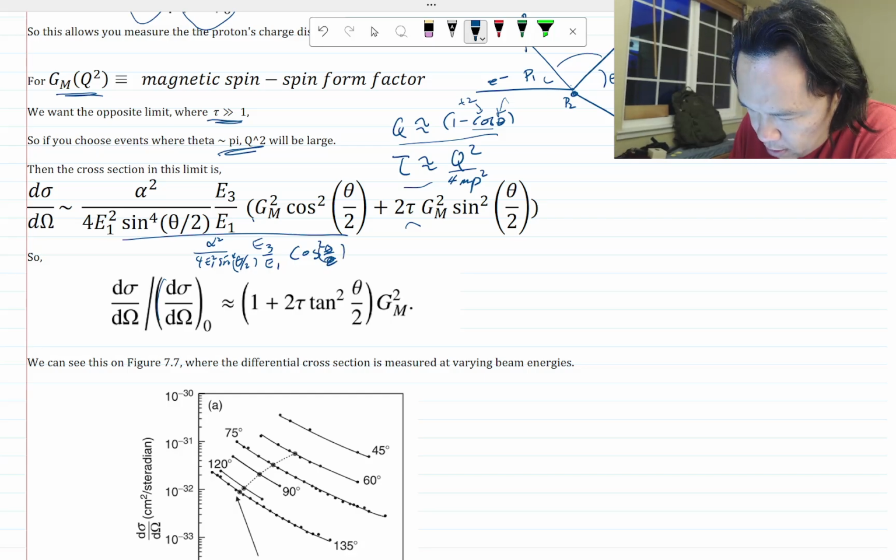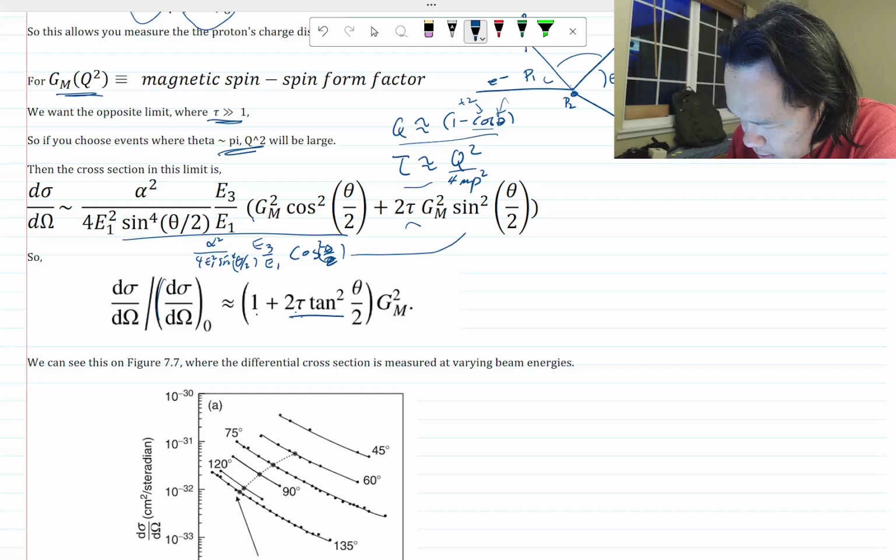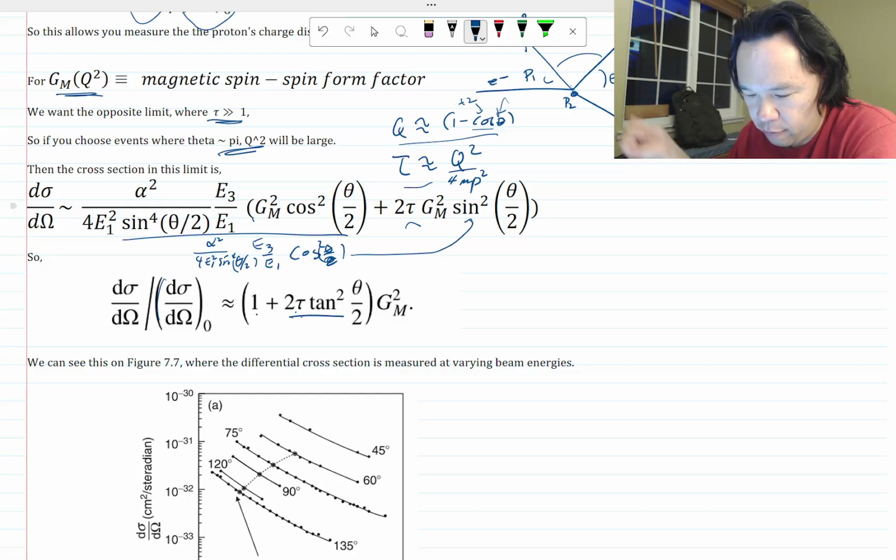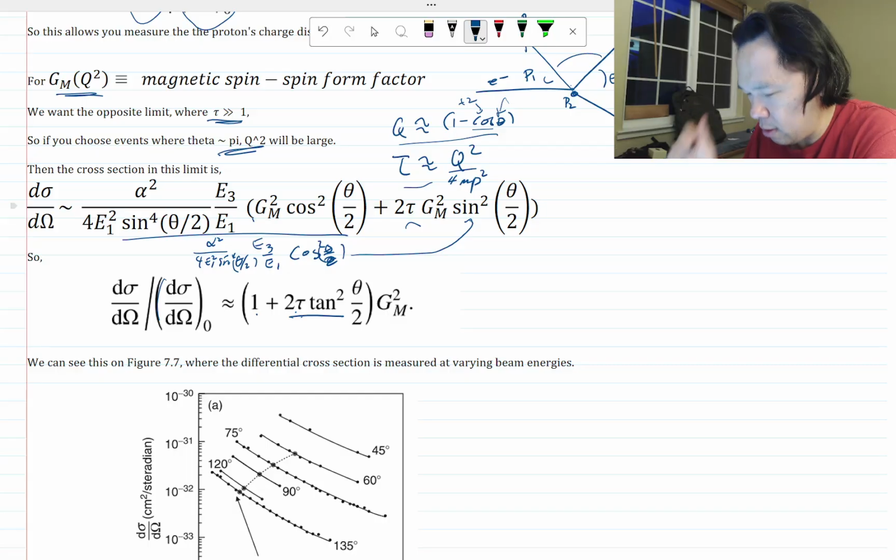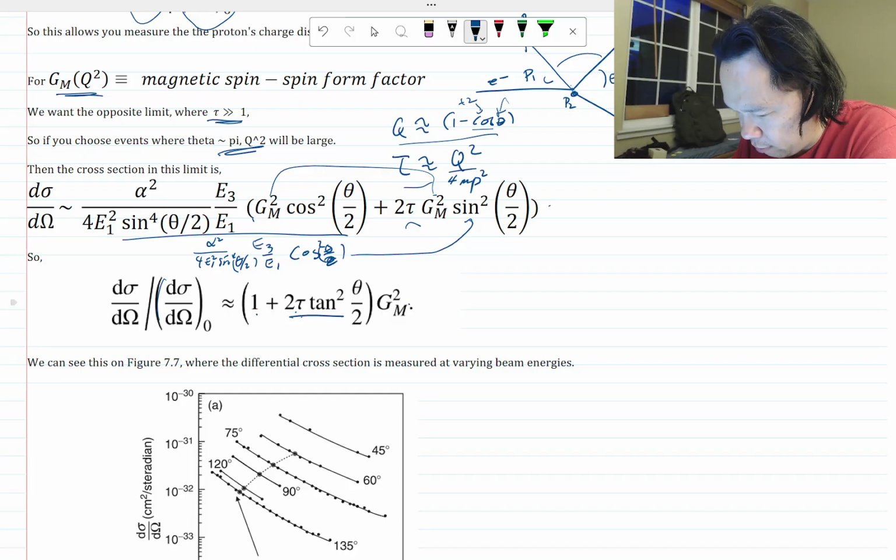When you divide this out, you end up with something that's proportional to 1 plus 2 tau tan theta. The tan theta comes from the fact that you have sine squared theta over cosine squared theta, so tan squared theta there. And then you factor out this GM out in front.